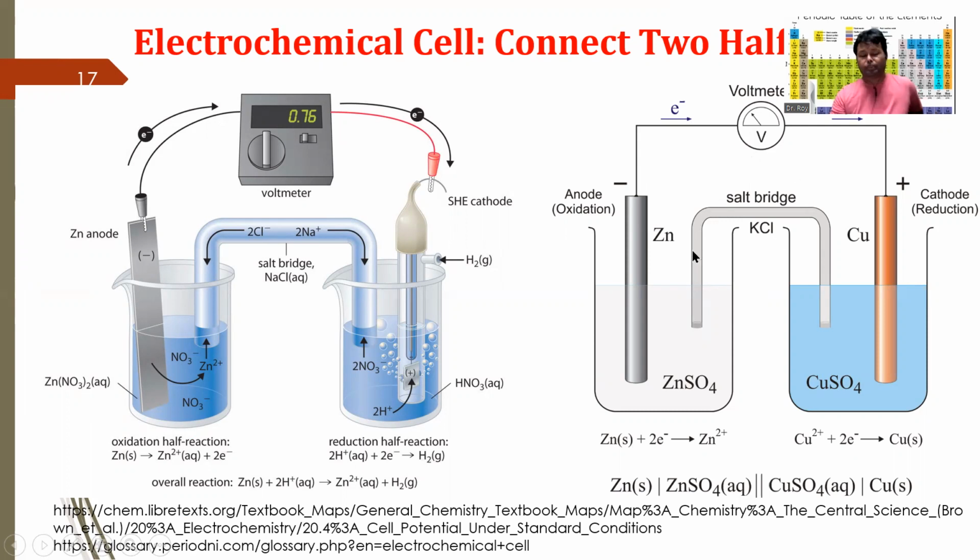But when our phone or any other device is on, these two half cells are connected together. So this is one half cell, this is another half cell. That time the chemical reaction between these two half cells proceeds.